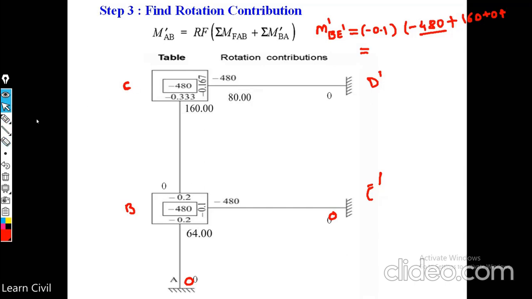We will get this equal to 32. Just write down this value here.